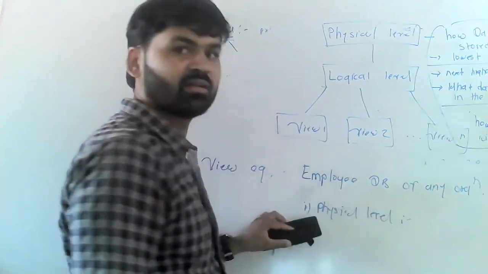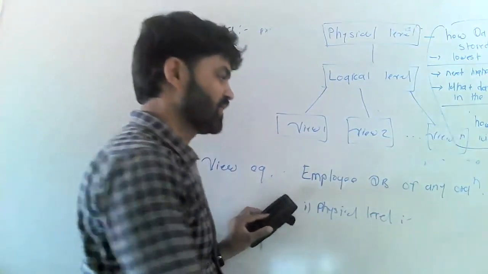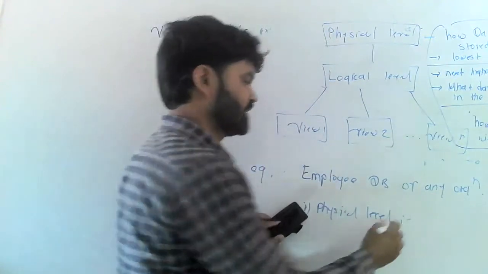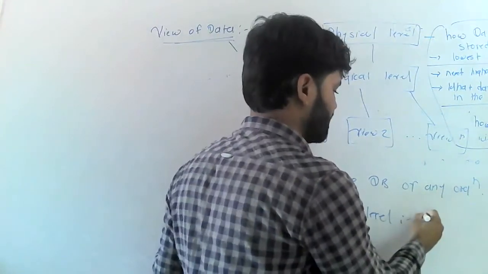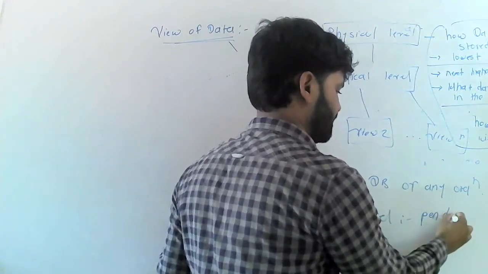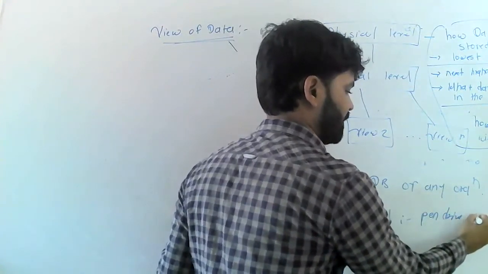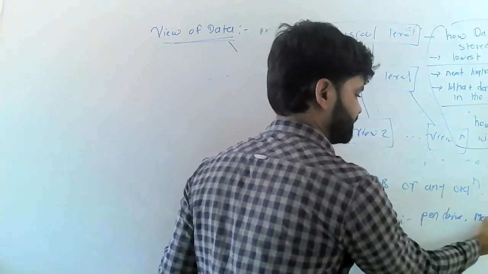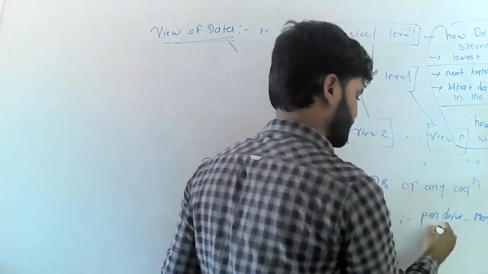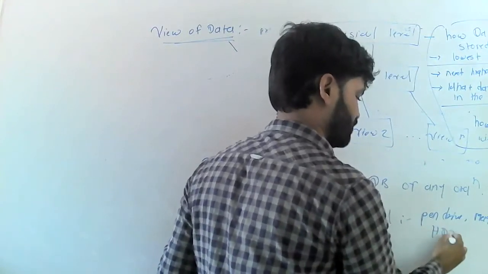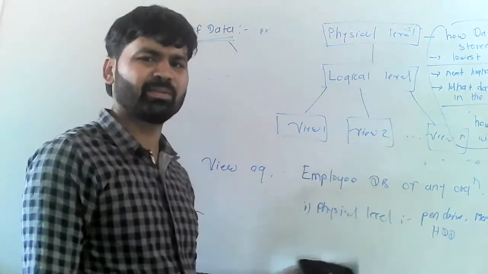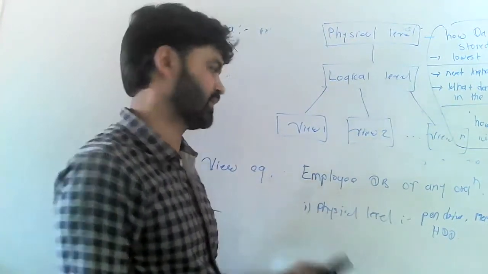How the data is stored in your physical medium or physical memory. The data may be stored in a pen drive, or magnetic tape, or in a hard disk drive. Data may be stored in any medium of physical memory.